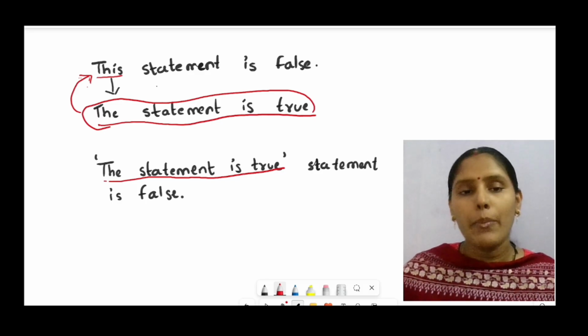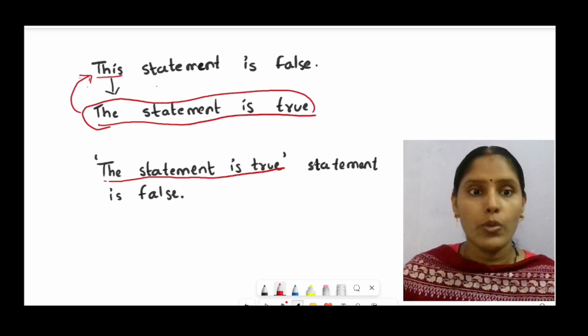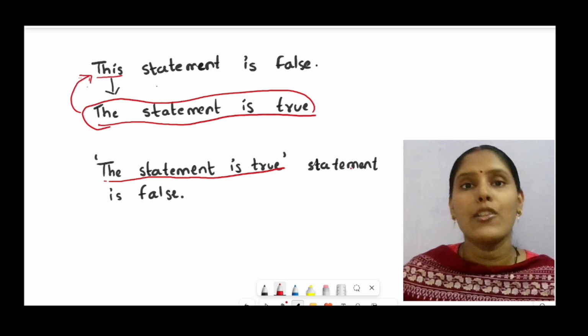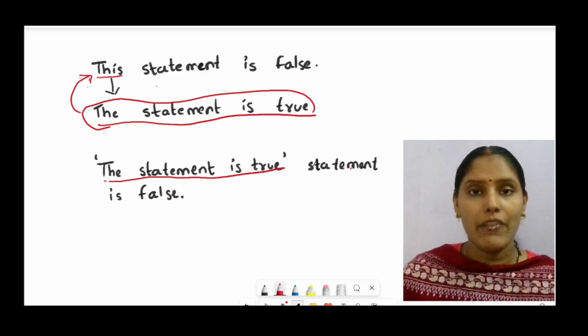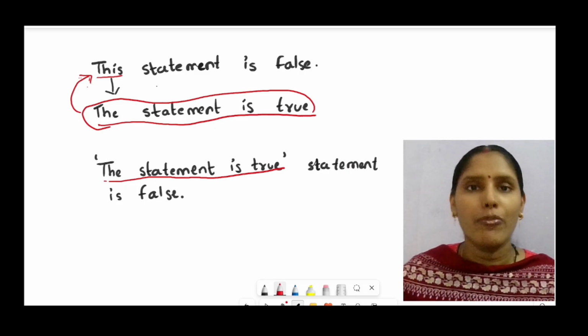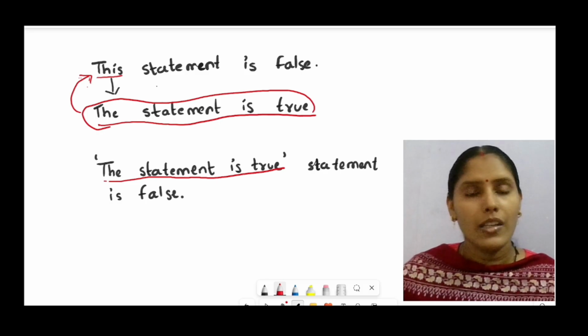But if the meaning has to be true, then the statement has to be false. So we are in conflict between the meaning of the statement and the truth of the statement.